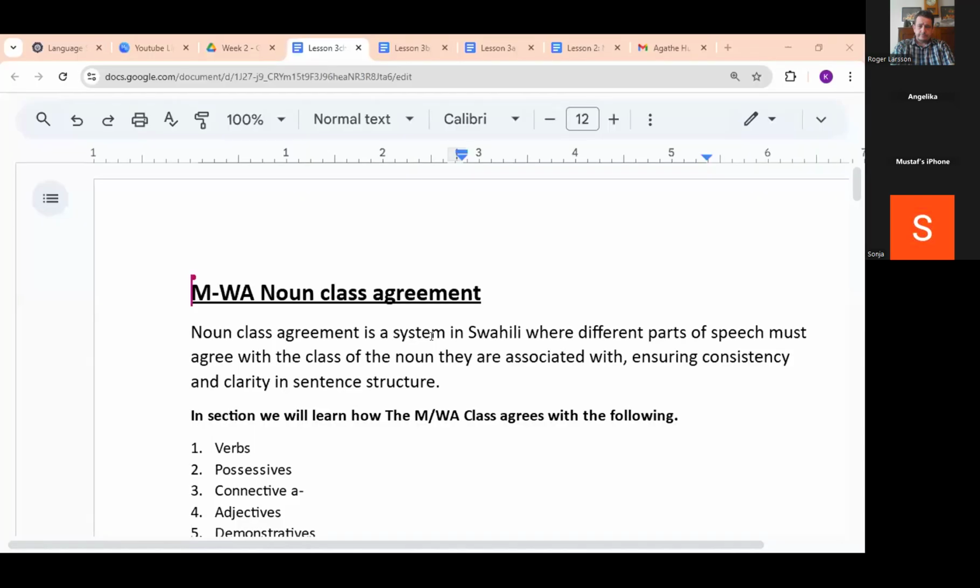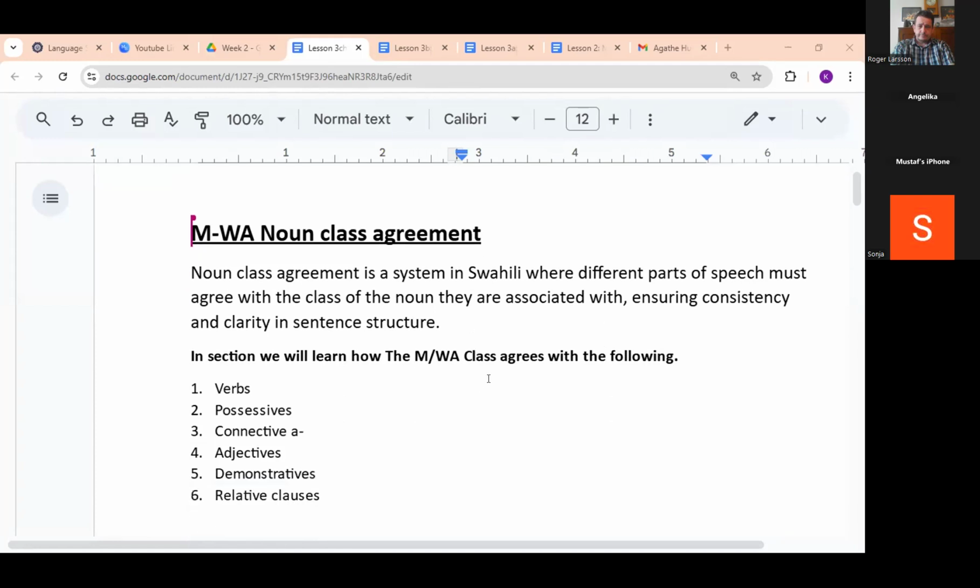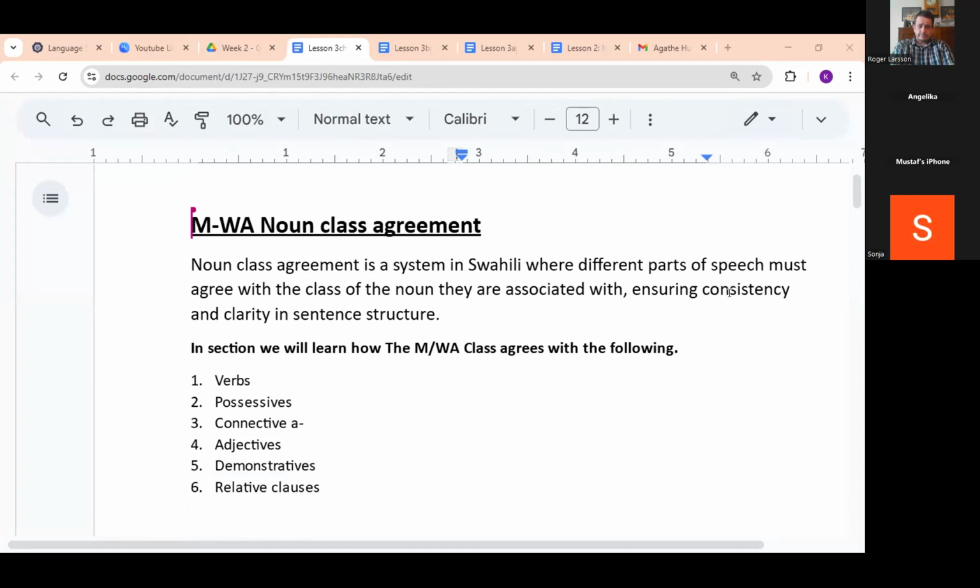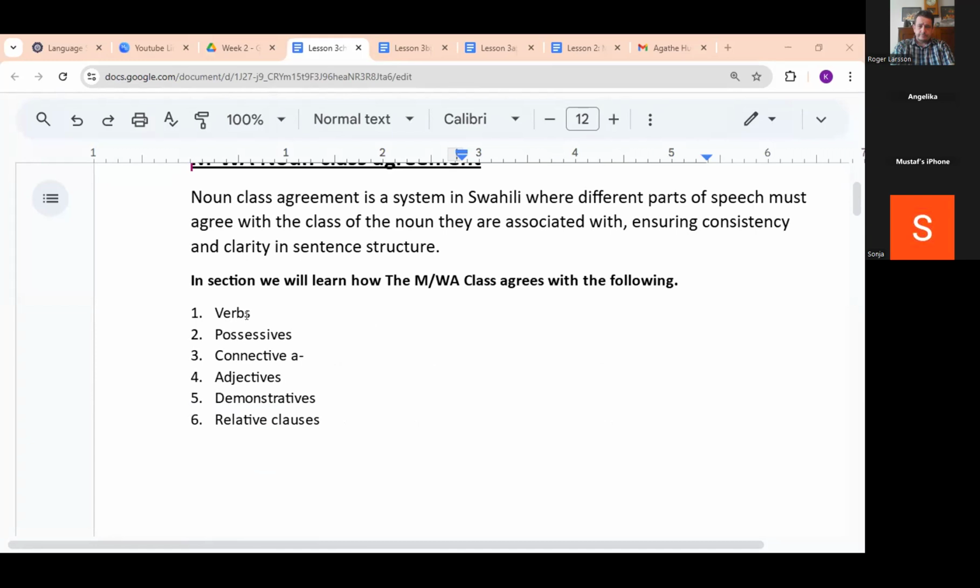We've listed some examples for the noun class in M-Wa. Now, these are some of the agreements. Noun class agreement is a system in Swahili where different parts of speech must agree with the class of the noun they are associated with, ensuring consistency and clarity in sentence structure. Here are the basic ones: agreement with the verbs, possessives, connectives, adjectives, demonstratives, relative clauses.